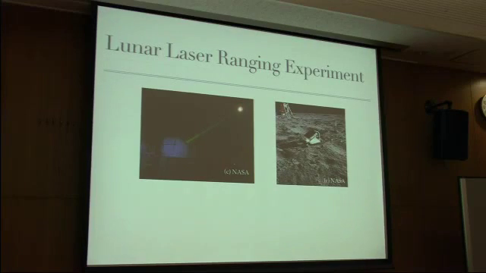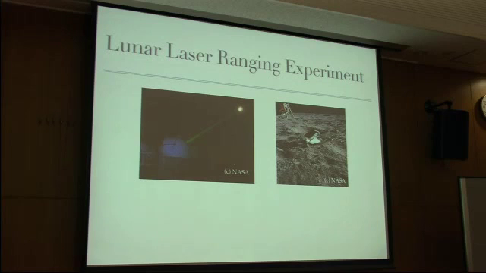Yes, it's a very clever way to measure a long distance, right? And actually, NASA used this method to measure the distance between the Earth and the Moon. The project name is the Lunar Laser Ranging Experiment.